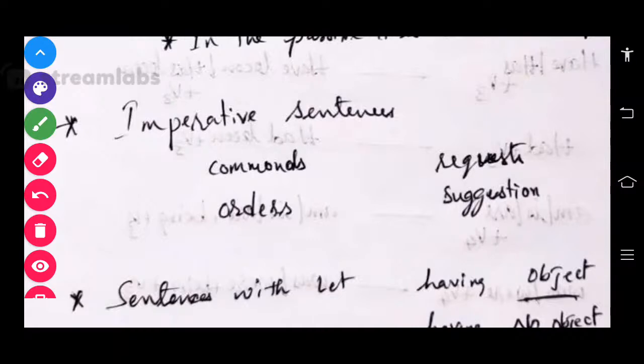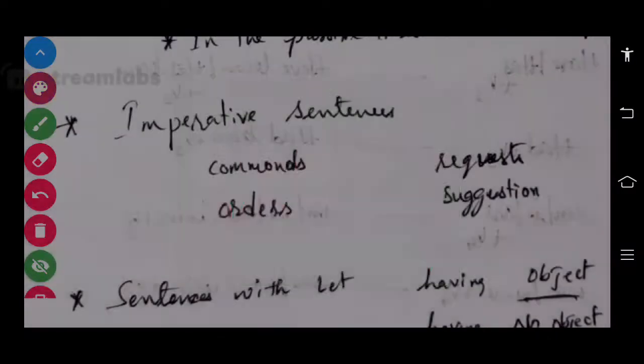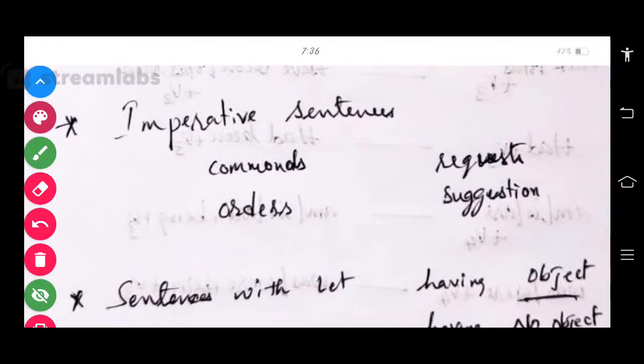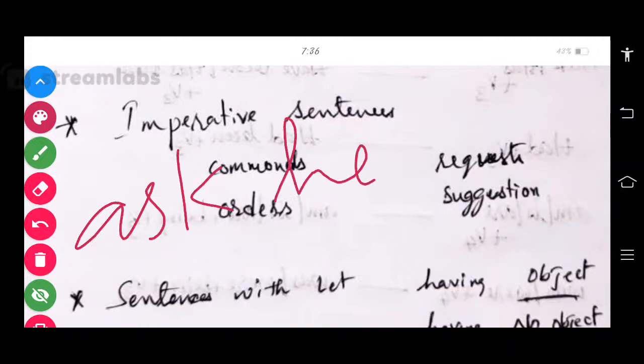Let me give you an example. Ask her. What is the correct passive sentence of it? This sentence starts with the verb ask.